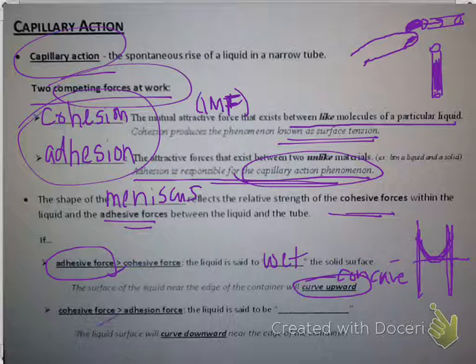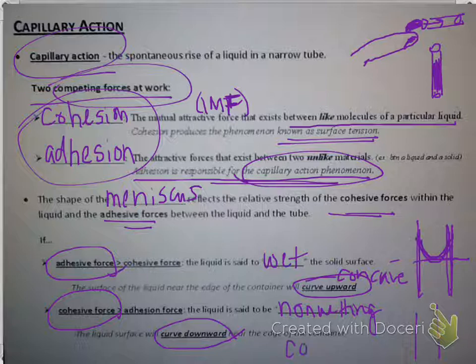However, if the cohesive forces are stronger, meaning the liquid likes its particle forces better than it does the solid forces with the container, the liquid is said to be non-wetting inside of the container. Basically, the liquid will curve downward inside of the capillary tube, which means you'll have a convex meniscus.